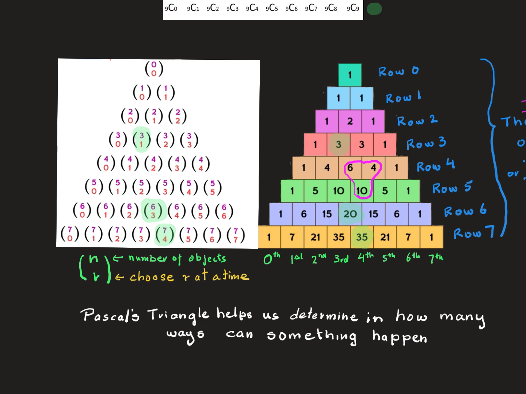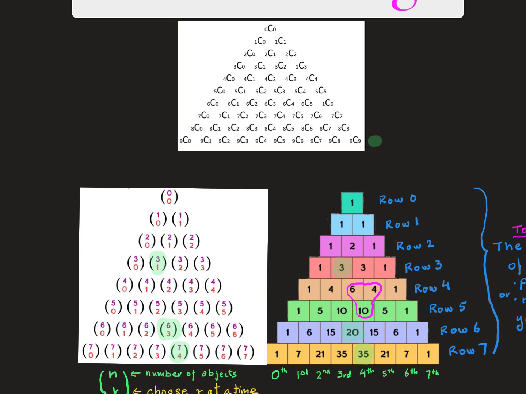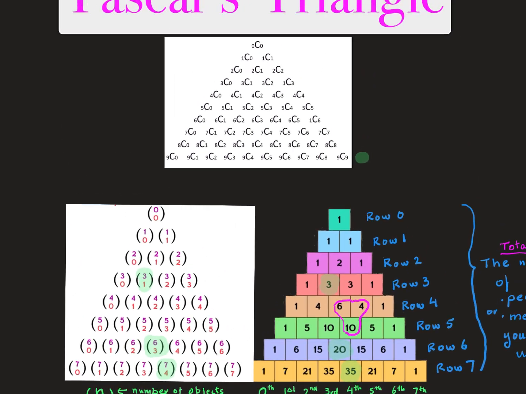And so on. So this is how you apply the Pascal's triangle to your combinations. Now I just want to show you another triangle right above over here. This one over here is just another form where I've written 0 choose 0, 1 choose 0. You should know how to read these as well.